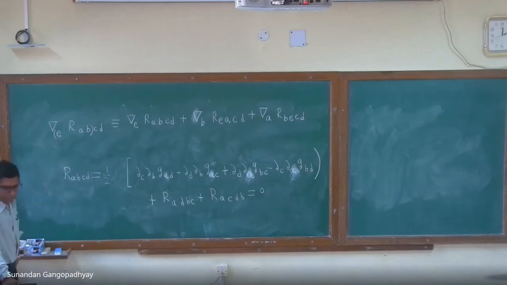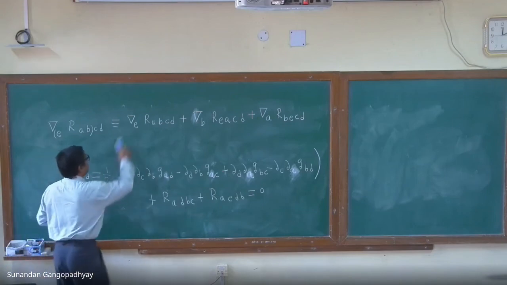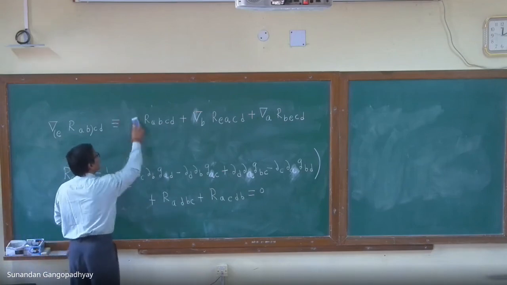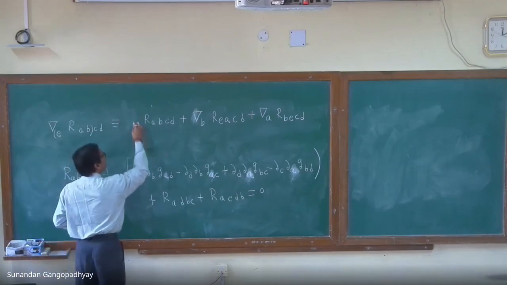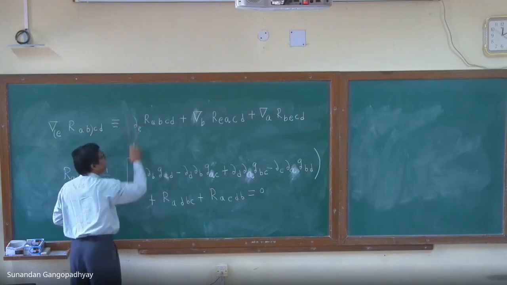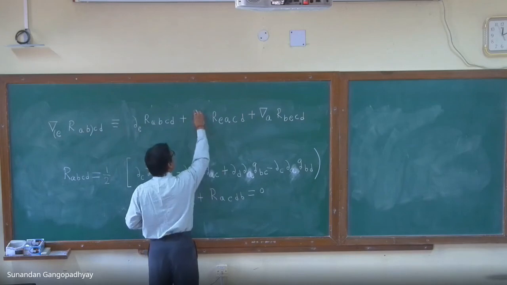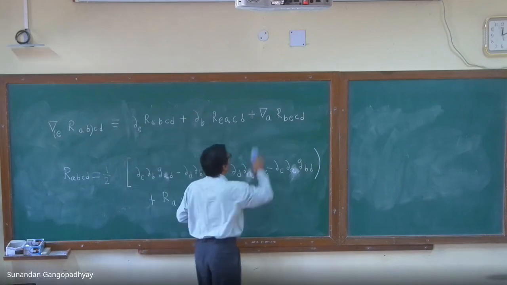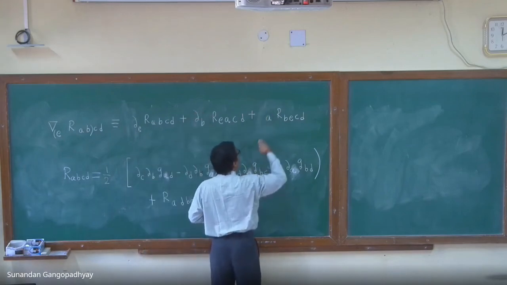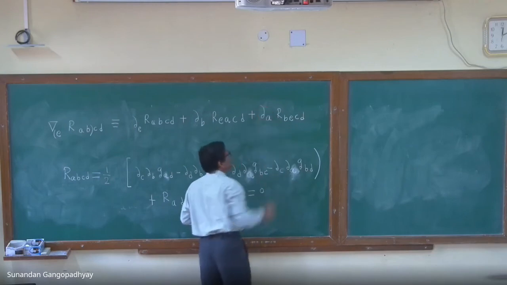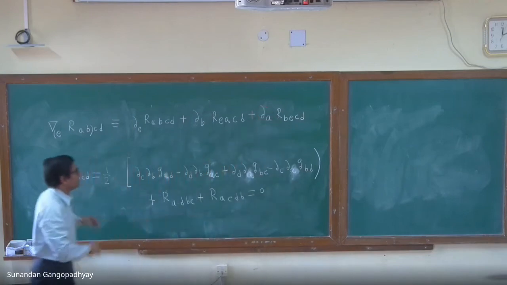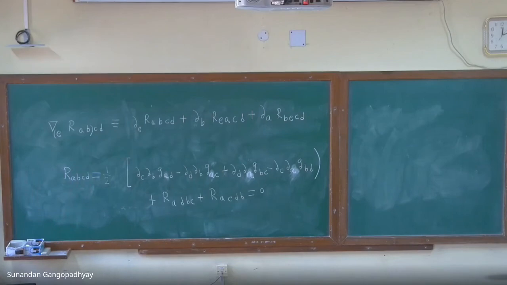If you do all calculations locally, then the result of differential geometry, or the equivalence principle, tells you that all covariant derivatives will be replaced by partial derivatives. That simplifies the calculation a lot.